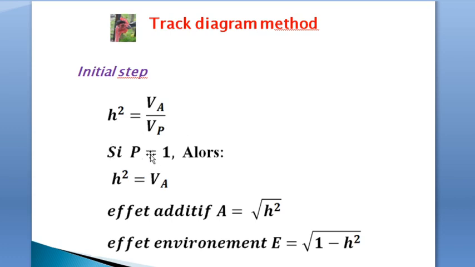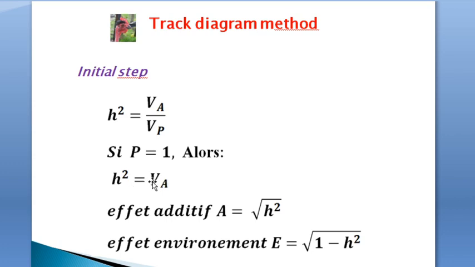Now, if we consider the unit, that is, if we consider that the phenotype variance is equal to 1, we know that phenotype is equal to genotype plus environment as we saw before, meaning that with phenotype variance equal to 1, heritability is equal to additive variance over 1. That is, heritability is equal to additive variance.